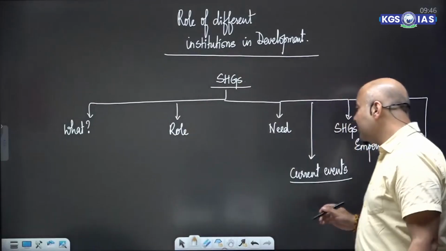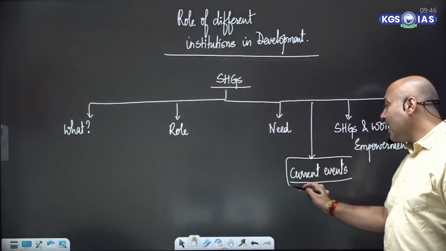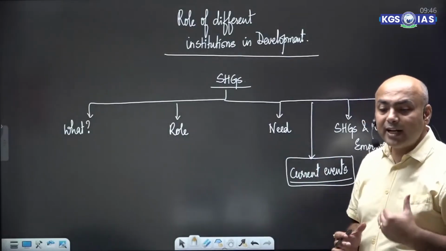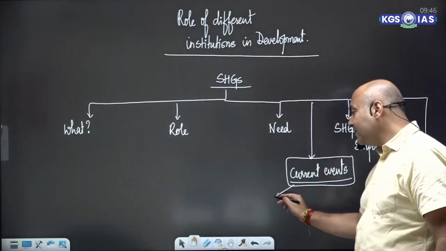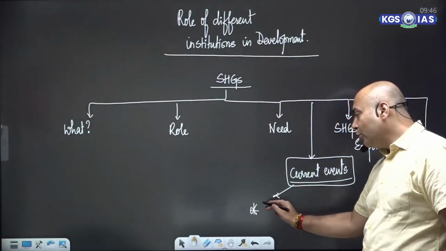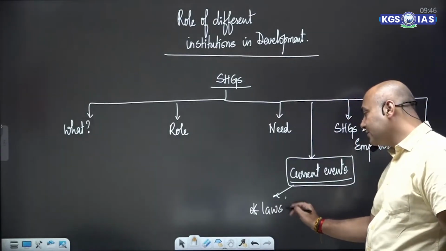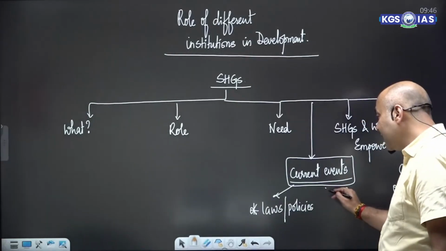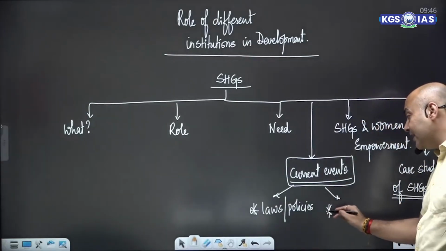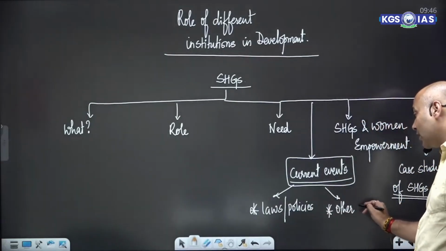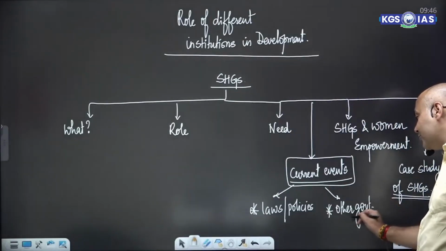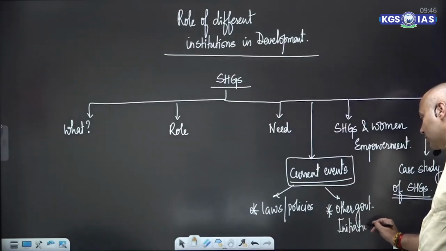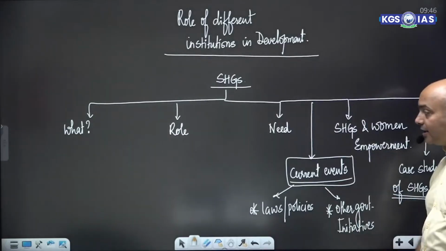And then comes the current events. Now what do I mean when I say current events? By current events, I mean if there are laws or policies related to it, or any other government initiatives related to it.